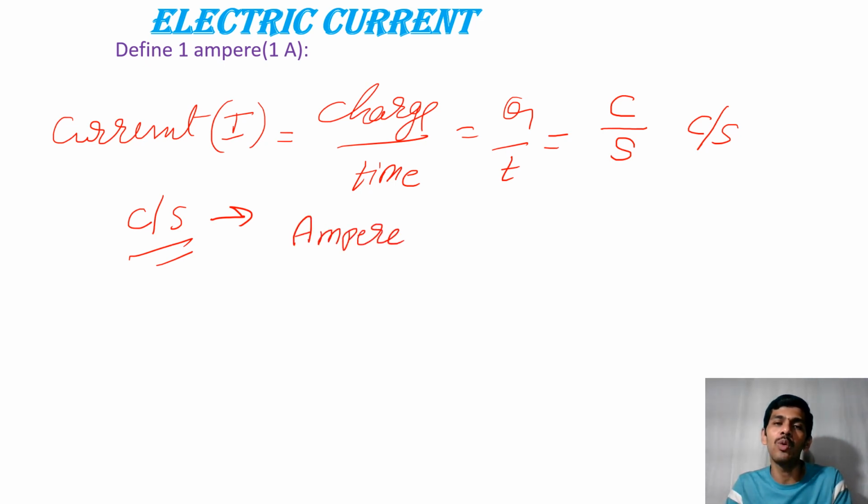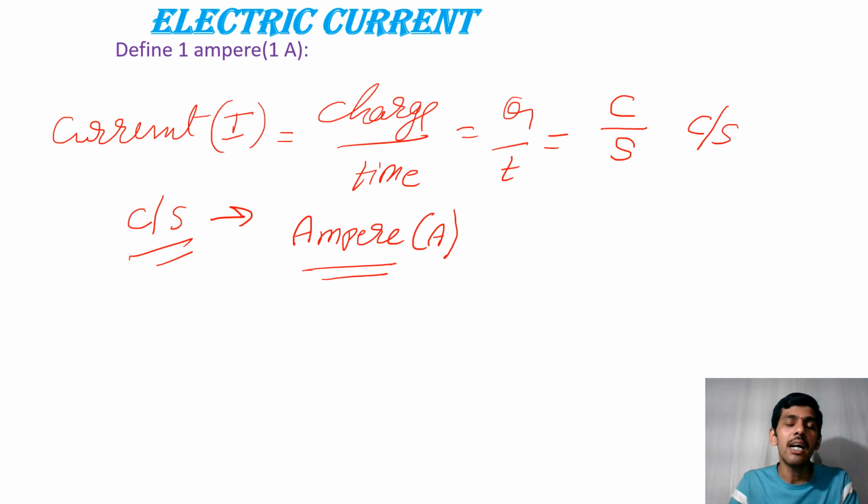It is a new term you come across, represented by a capital letter A, remember, not a small letter a. We don't use coulomb per second many times; most of the time we use the ampere, the SI unit used to measure current.